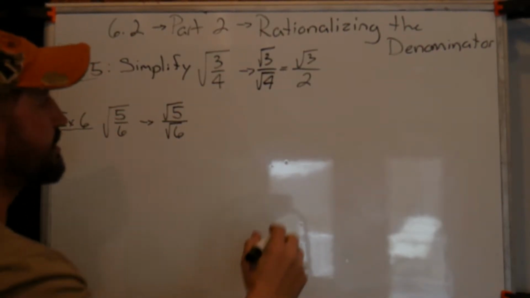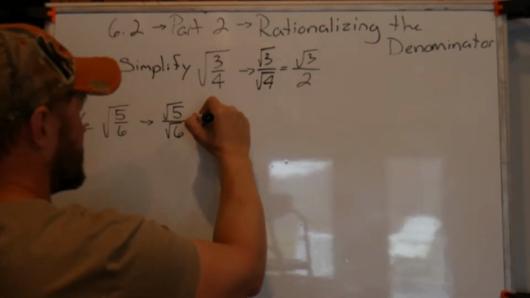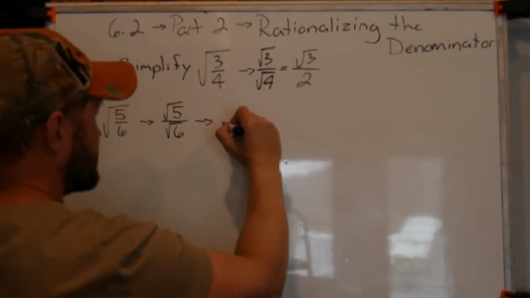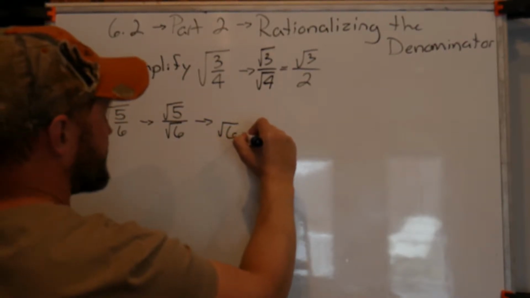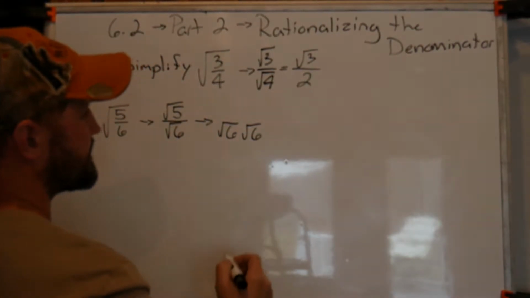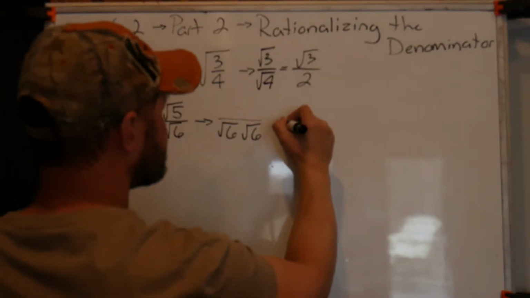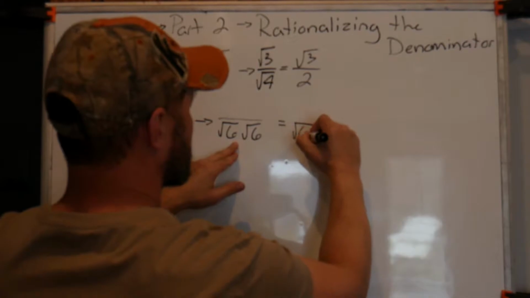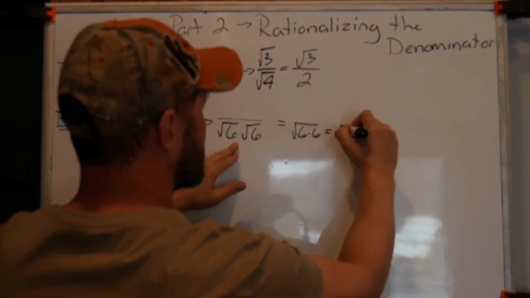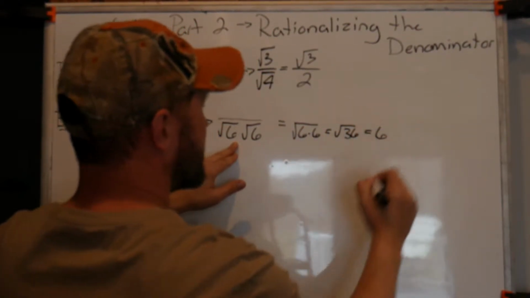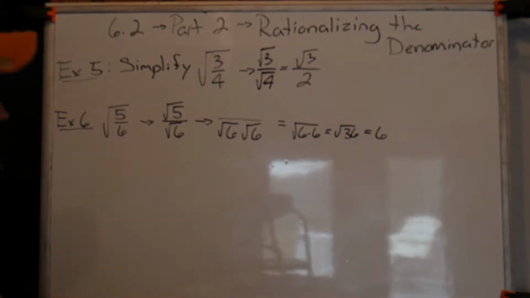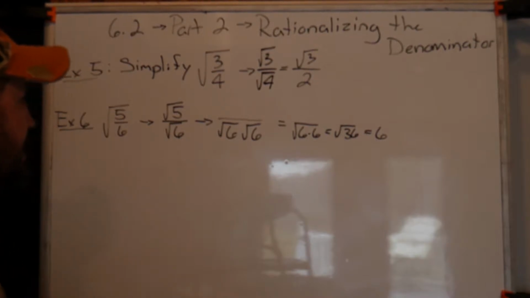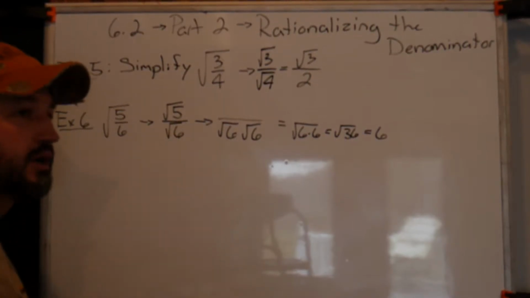Let's say we have square root of 6, and we multiply by the square root of 6. We're essentially saying the square root of 6 times 6, square root of 36, equals 6. That's what we're going to do every time.